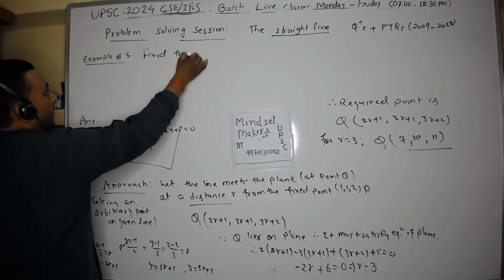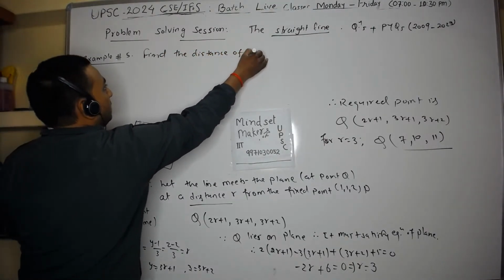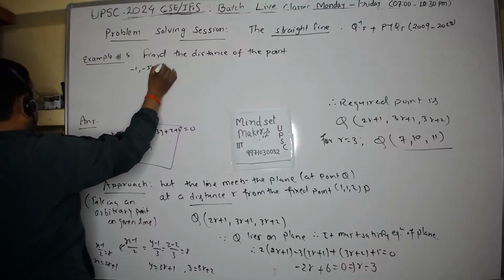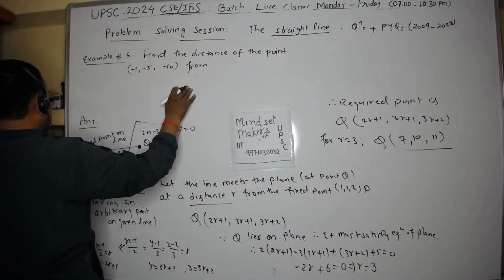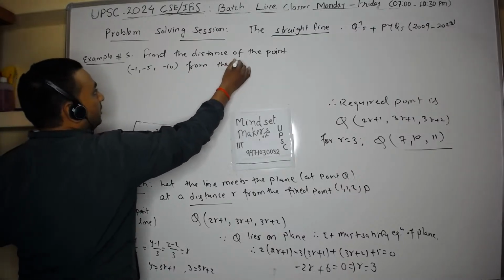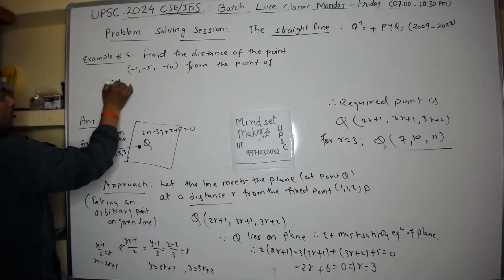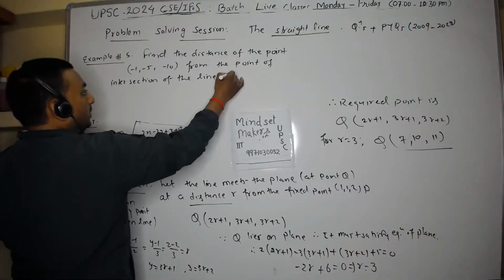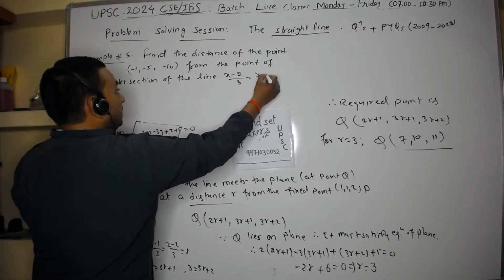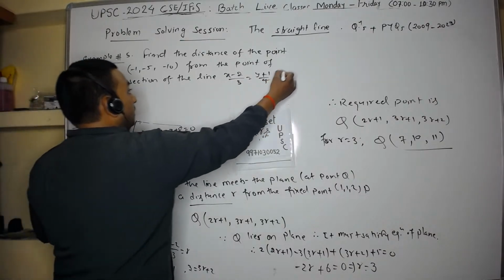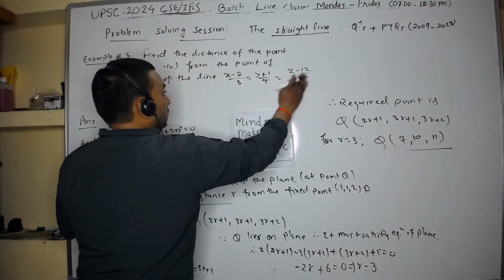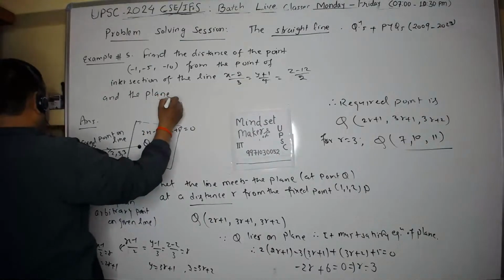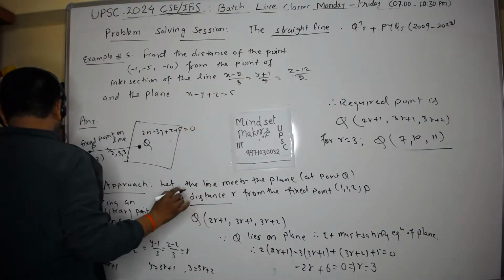Find the distance of the point -1, -5, -10 from the point of intersection of the line x minus 2 upon 3 equals y plus 1 upon 4 equals z minus 12 upon 2, and the plane x minus y plus z equals 5.